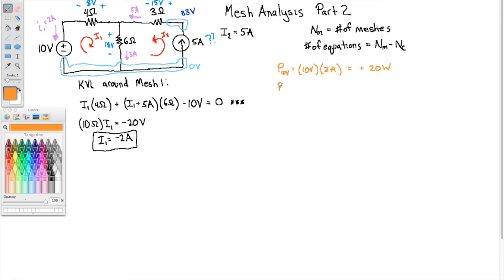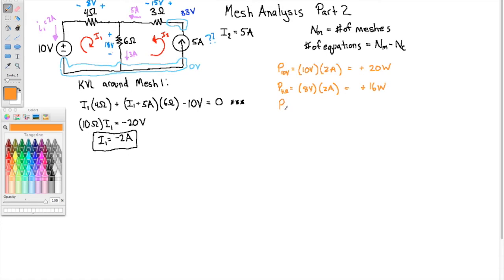Alright, let's find the power in the 4 ohm resistor. So we've already said that there are 8 volts across it and 2 amps through it. So that is 16 watts of power. And of course, current goes from high potential to low potential in a resistor, so that is absorbing, so positive.